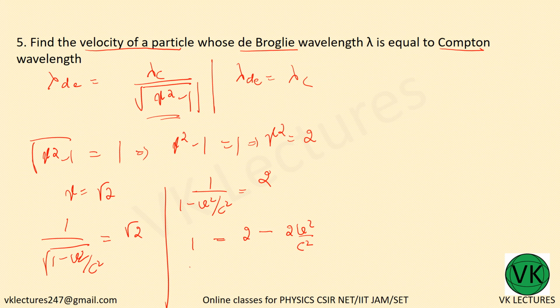So v square divided by c square is equal to half, which means v is equal to c divided by root 2. C by root 2 means 0.707 c. So this is the speed of that particle where its Compton wavelength will be equal to the de Broglie wavelength.